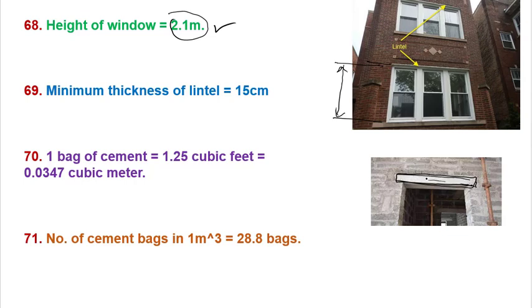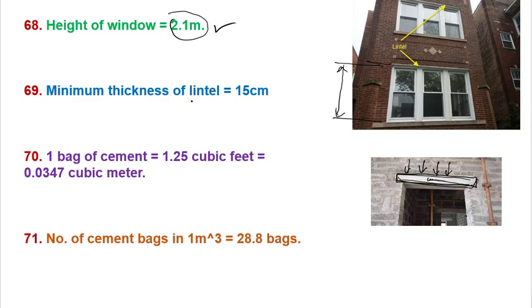It may be over the window, over the doors, or over ventilators. So if there is any sort of opening in your building, we need to place a lintel over that opening, because this lintel supports the brick masonry or block masonry above it, right? You can see the example of lintel in this image too.